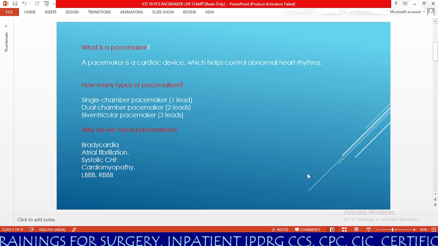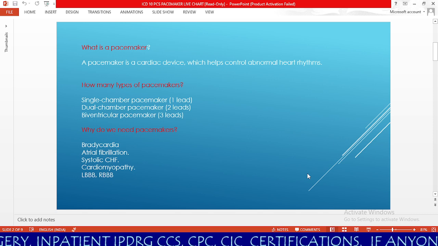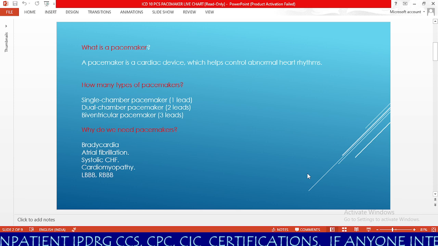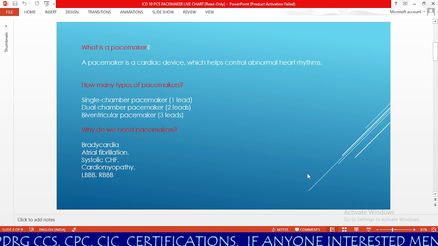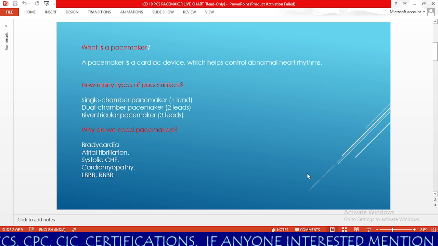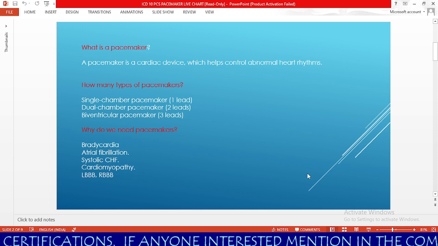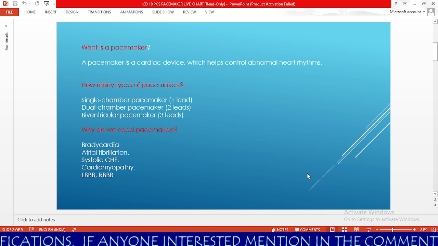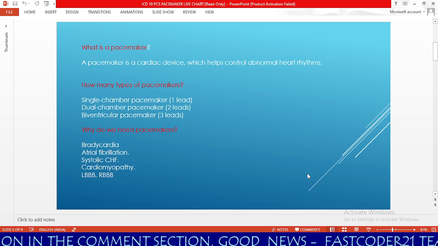This pacemaker uses electric impulses to prompt the heart to beat at a normal rate. As soon as the pacemaker releases electrical pulses, it will prompt the heart to beat at a normal rate. This pacemaker controls bradycardia as well as tachycardia and also coordinates the heart rhythm.